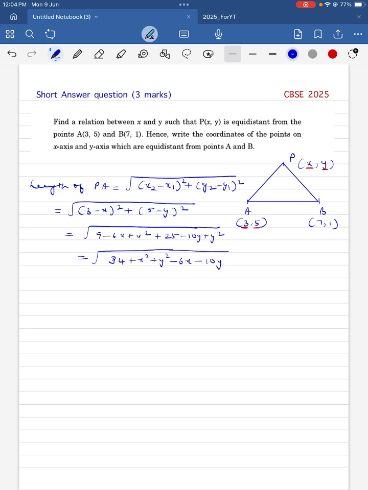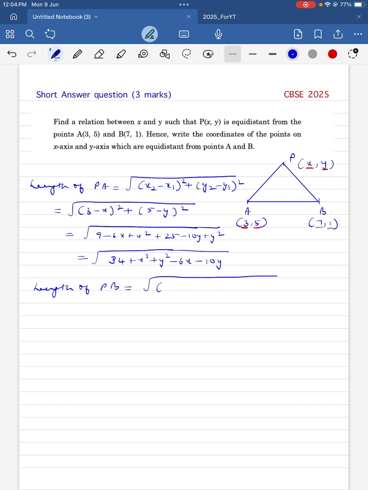Now let's try to find out the length of PB. Again by the distance formula, this time I would take the values of x2, x1, y2, y1 from the 2 points P and B. So x2 would be the x coordinate of point B, and the value of x1 will be the x coordinate of point P. Y2 will be the y coordinate of point B and y1 will be the y coordinate of point P. Let's substitute these values.